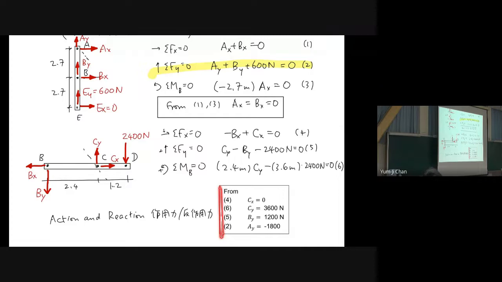I show you the order of doing things, but of course, after I give you 6 equations, you know how to do it. Now, we have Cx equal to 0, Cy equal to 3.6 kilonewton, Py is 1.2 kilonewton, and Ay is minus 1.8 kilonewton. And this is the answer.